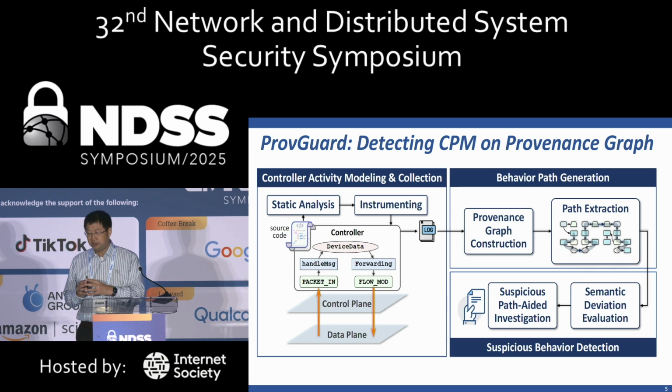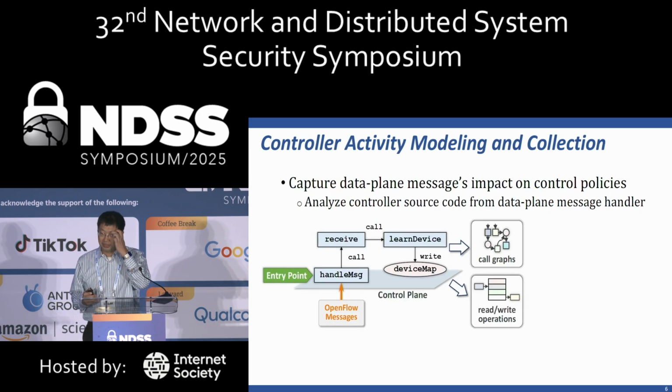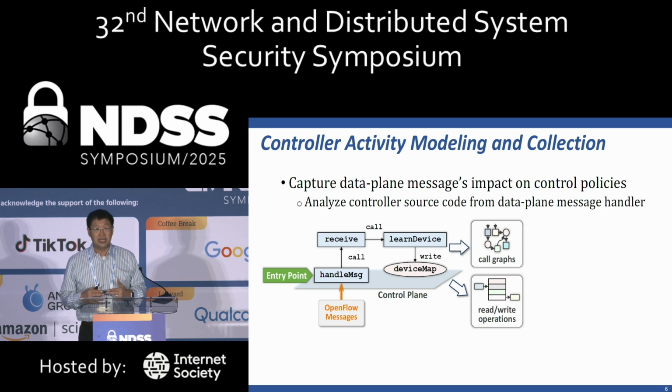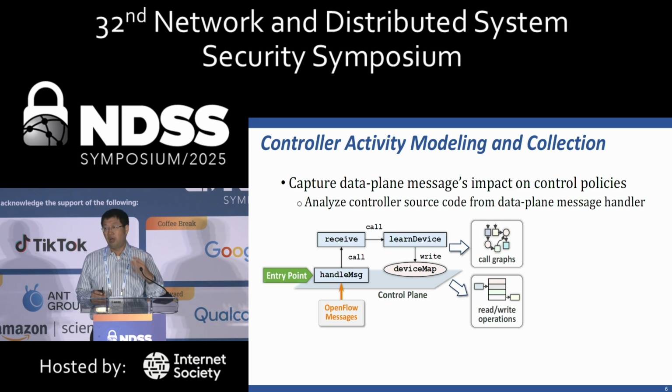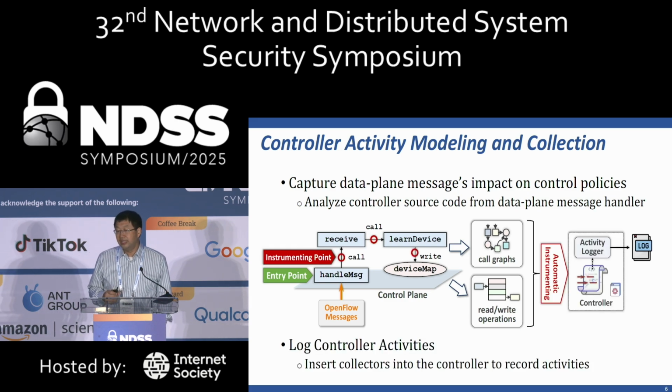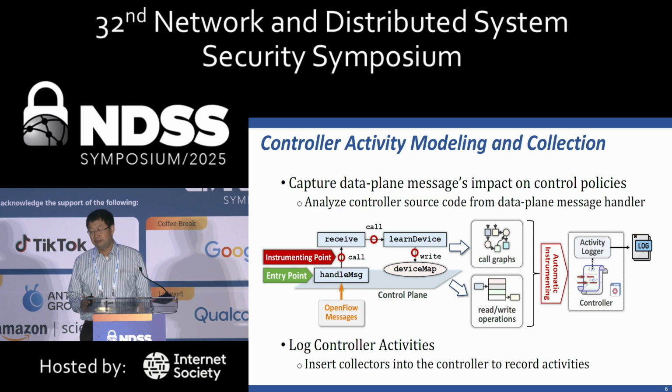Based on that, we do the semantic deviation evaluation and detect suspicious behaviors. The first step is to analyze the SDN controller and decide where the points are that we want to hook. We capture the data plane message operations, analyze the source code, identify those instrumentation points, and take logs from them.